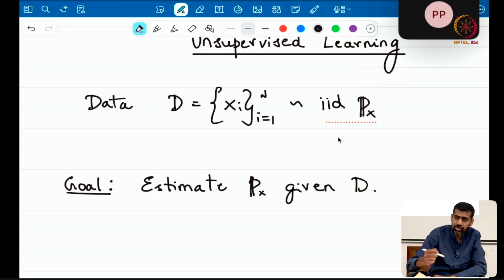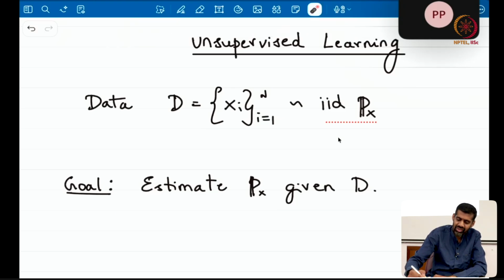But the distribution that we will be looking at right now is the marginal of P of x, and you can see if there is P y, then this can be called a marginal distribution, otherwise it is some underlying distribution that we would want to estimate.